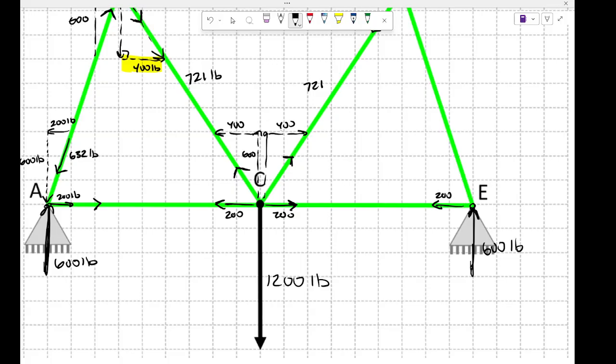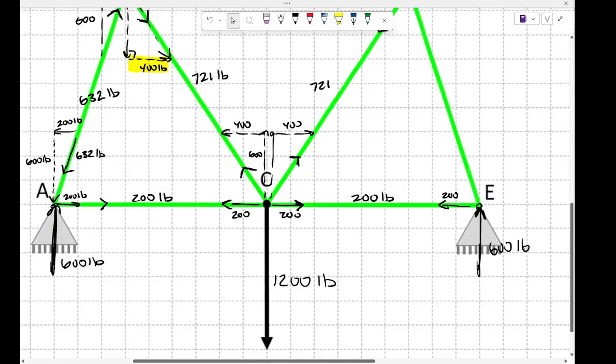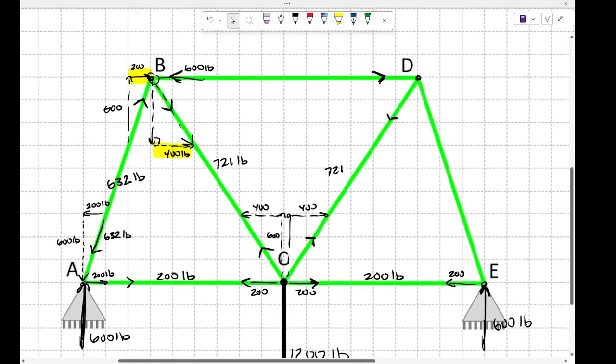All right, so we see that same symmetry. So if I'm labeling this member, we got 200 pounds here and 200 pounds here. I'm just filling in my blanks here. We have this member right here is 632 pounds. That is member AB. If we zoom up, we know that this member we just found is 600 pounds.